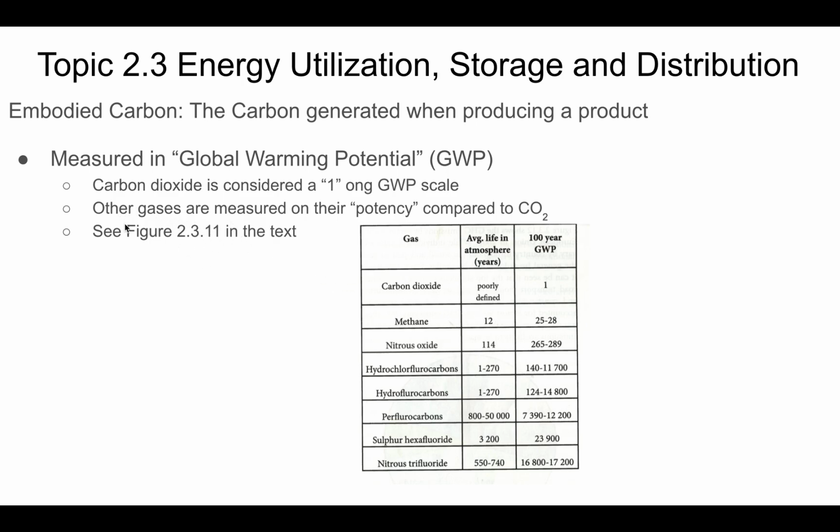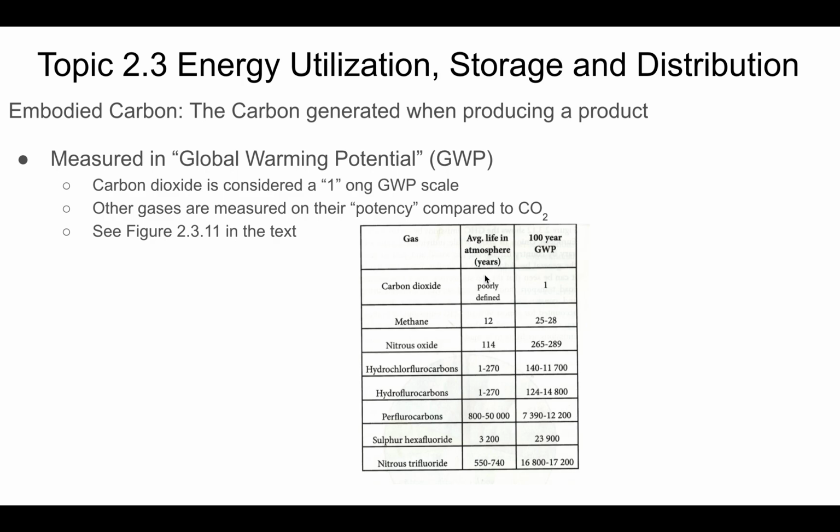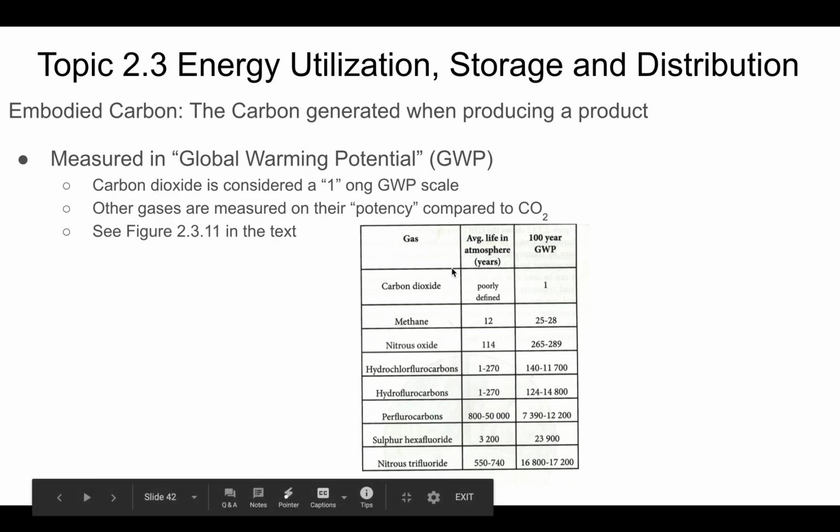I don't know if it's on the same page or on one of the pages near this table. It shows you how much of these are in the atmosphere. The ones down towards the bottom, there's much less of them. Really, the two biggies are these guys right here. And then also water vapor, which is not on this list because we can't control that, but we can control how much of these things we pump into the atmosphere.